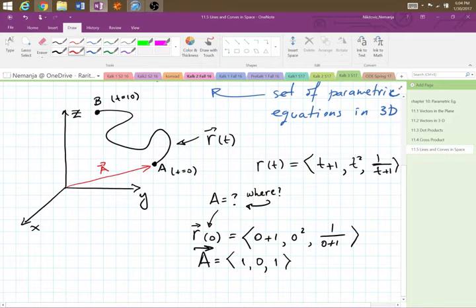So 1, 0, 1 in this case is the terminal point, and then there is a vector that is stretching from 0 to the terminal point, and that vector is the vector I computed. I can plug in 10, that would compute a vector here, or you can come up with 4.6, let's say, would be there, and so on. So you can come up with any calculation. It is just plug it in and move along.